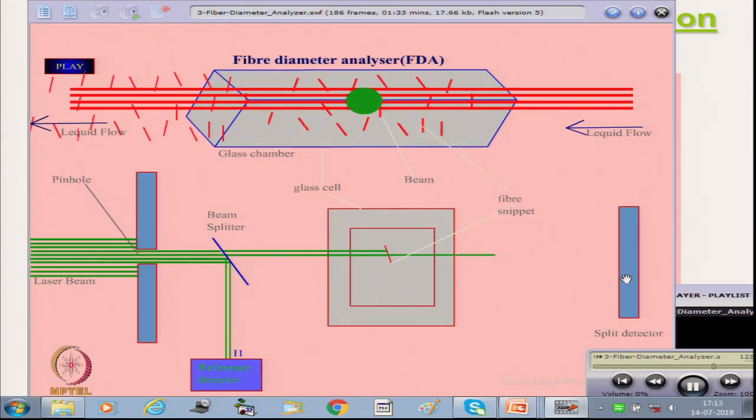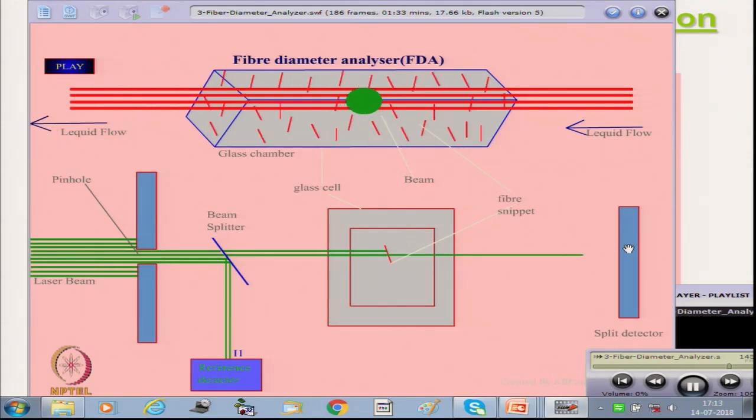Here it has two parts, an upper part and a lower part. The intensity of these two parts should be exactly the same, whether it is low or high does not matter. Only then will that particular data be taken.